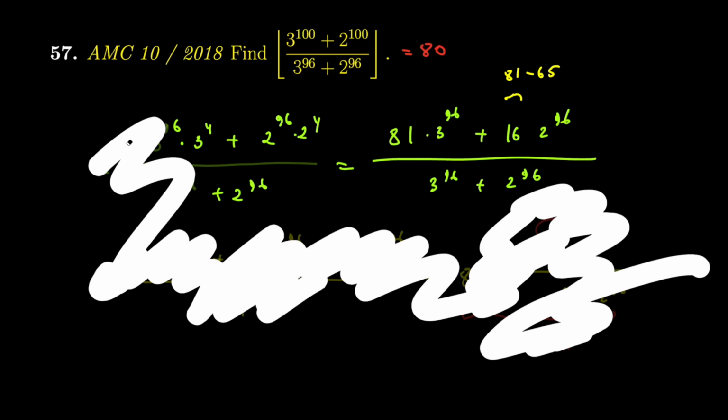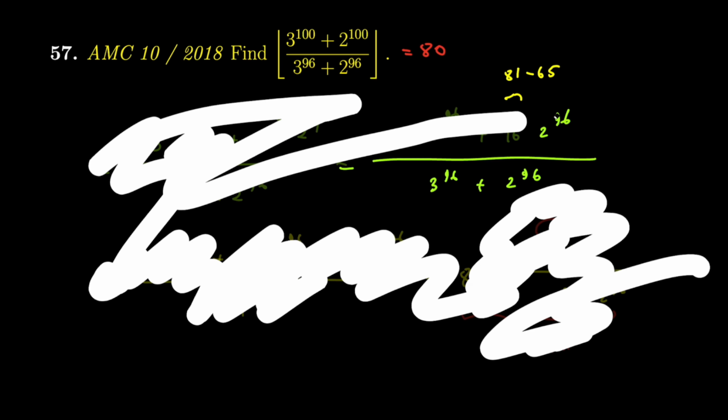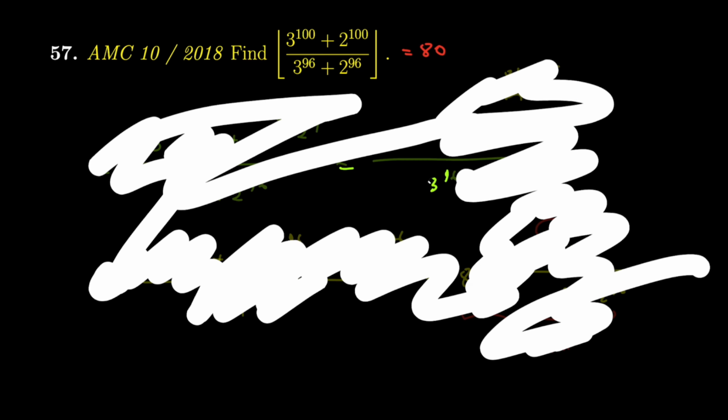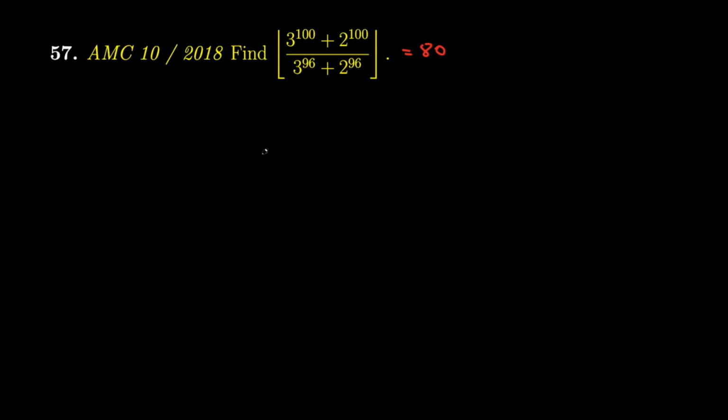So let me clean this up. What I want to prove is that 65 times 2^96 over 3^96 plus 2^96 is less than 1. By the way, when you are doing this in AMC, there are answer choices.